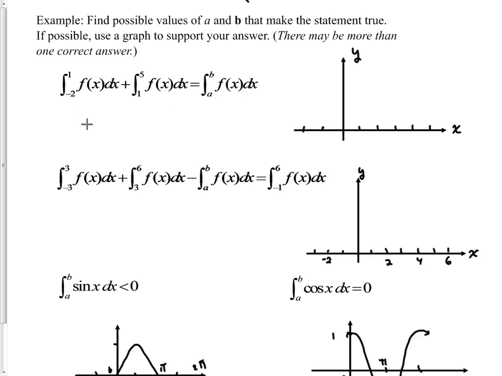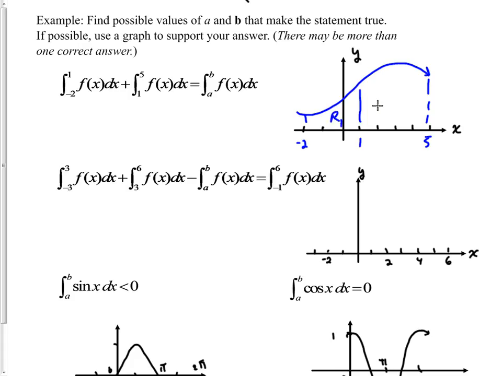So in our example right here, we're going from -2 to +1 in one interval and from 1 to 5 in another. And if we were to look at our function over that interval, whatever the function f of x looks like, what could we say? We take the area under the interval from -2 to 1 and then 1 to 5.